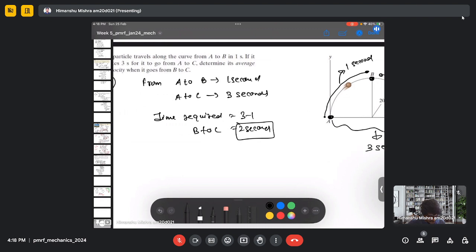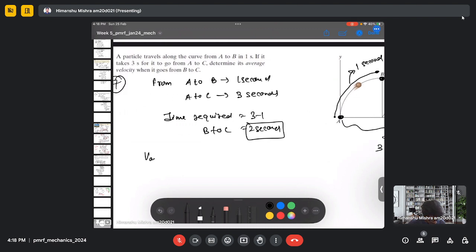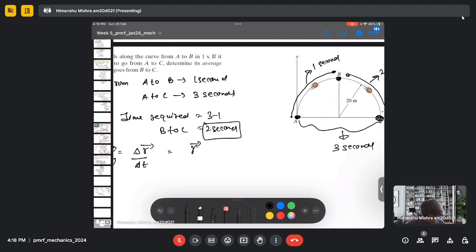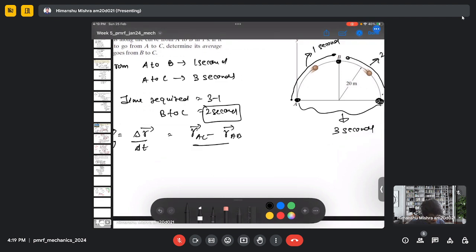Now to calculate the average velocity, we will be using our standard formula, rate of change of position vector by time. So it will be vector r AC minus vector r AB, divided by delta t. So here delta time is 2 seconds.